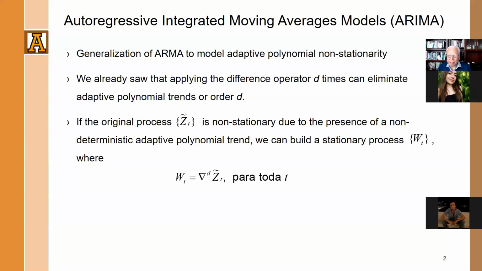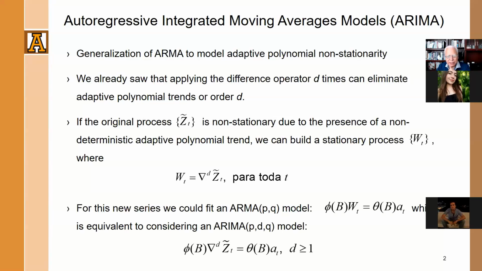Then we can build a process, which I'm calling here WT, which is the difference operator raised to the d power, if it's a polynomial of degree d, applied to the original series. That dth difference of Zt will now be stationary, at least in terms of the trend.